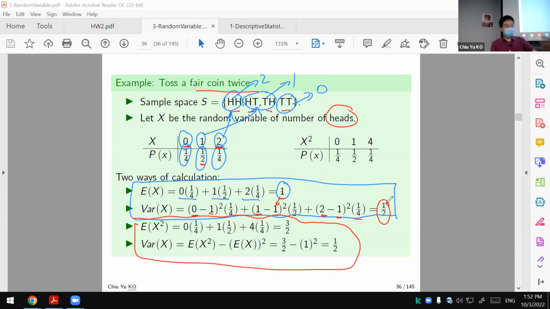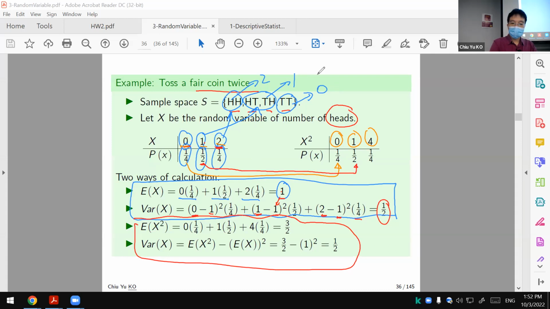And here we can use an alternative way to do it. You can calculate the blue way, or you can do it the orange way. You have 0, 1, and 2. If you take the square, it's either 0, 1, or 4. How do you get 0? 0 times itself is 0, so 1/4 is here. And 1 squared is 1, so that's how you map to here.